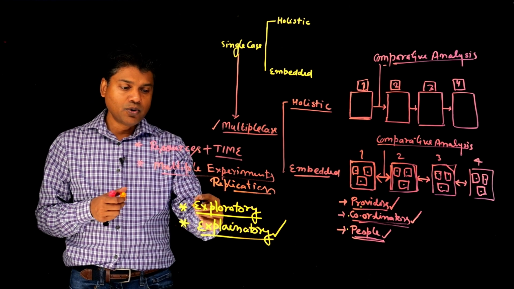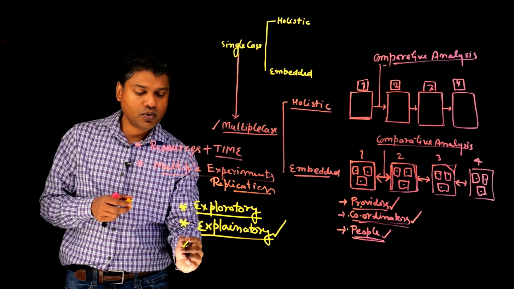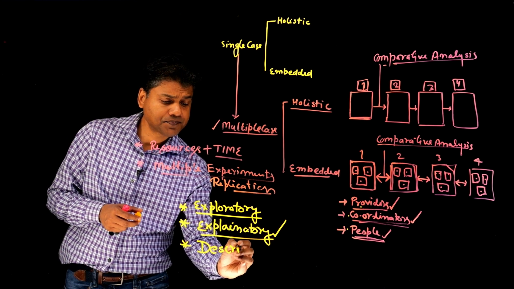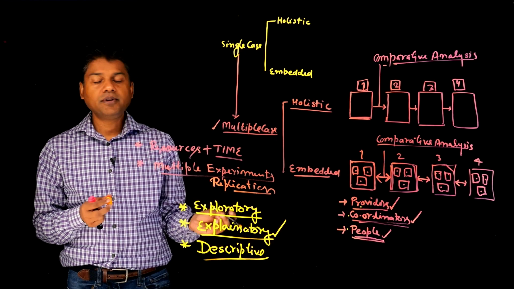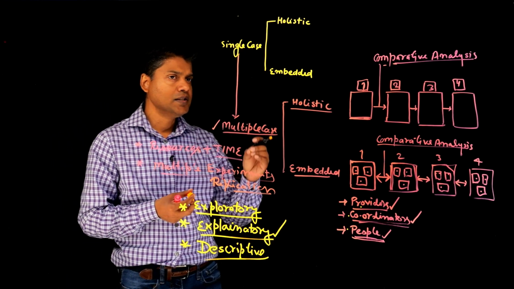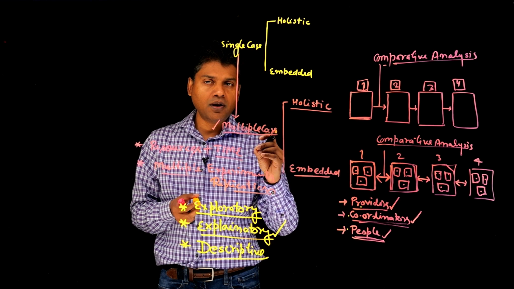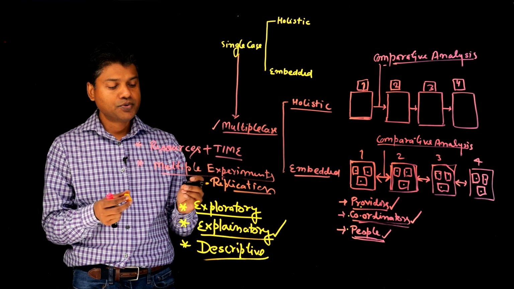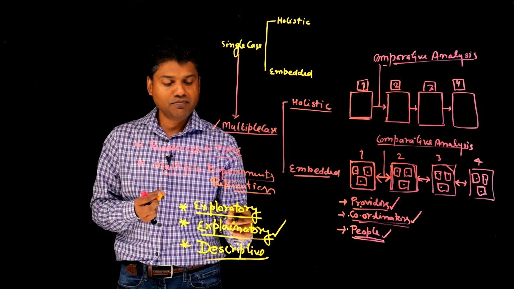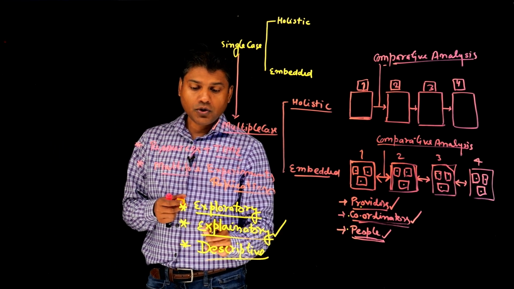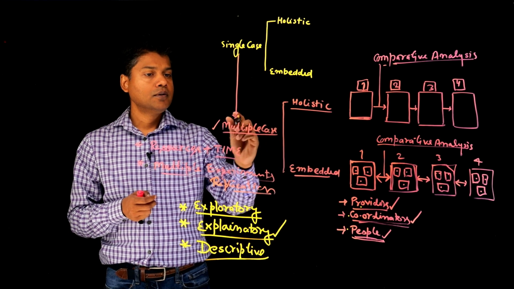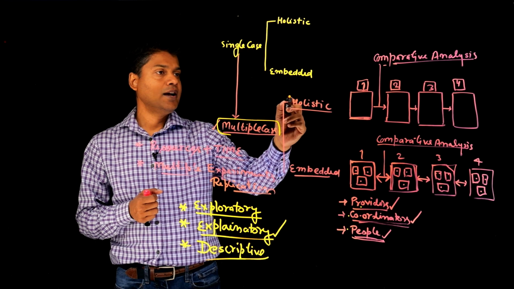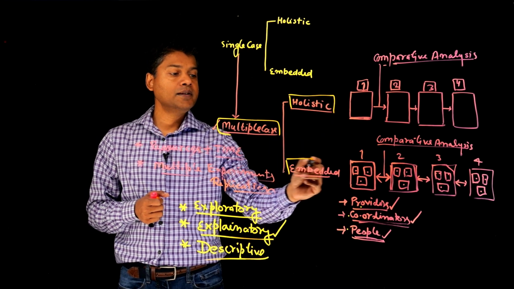So exploratory approach, explanatory approach, and the third one is descriptive approach. Descriptive approach is again focused more on describing the phenomenon, the case in detail. So your approach is more on description rather than finding relationships between variables. So coming back to multiple case study research design, you can have it holistic or embedded.